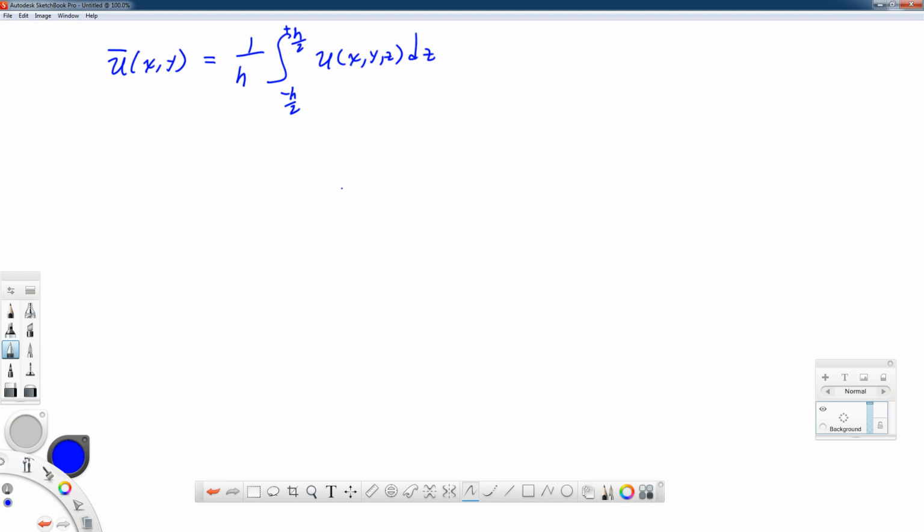displacement. Likewise, the mean value of the v displacement as a function of x and y would be expressed in a similar way, based on the three-dimensional displacement field, little v of x, y, and z.